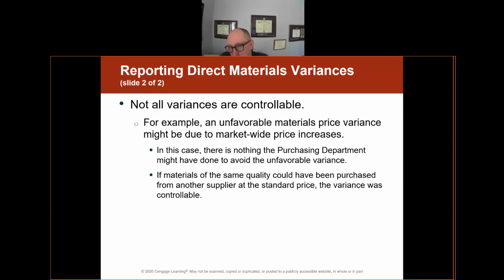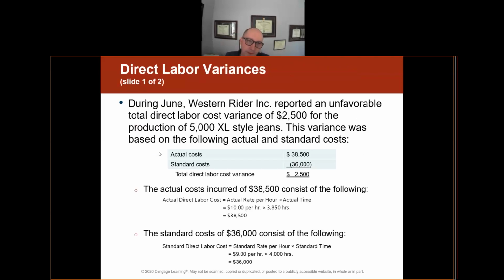Those are usually not good things. So we as managers need to do a better job of identifying those, and we do that through the direct materials variance reports. Remember, unfavorable means that our actual is greater than our standard. Favorable means that the actual is less than our standard. I'm trying to reinforce that concept. It's very important that you understand it.